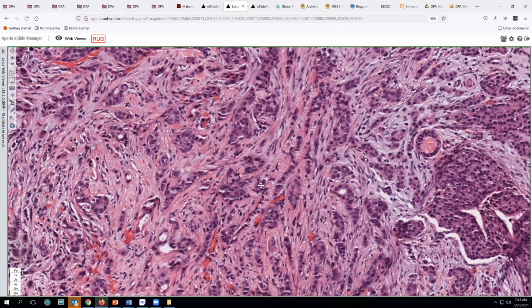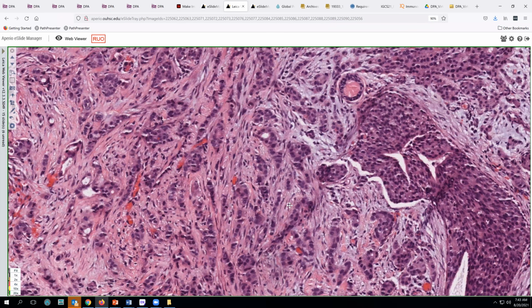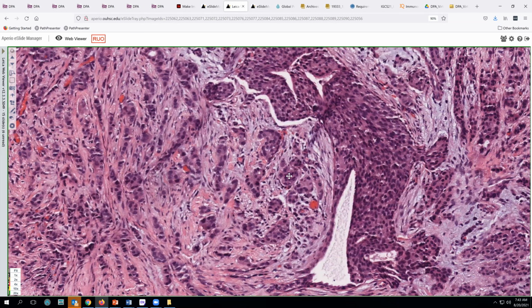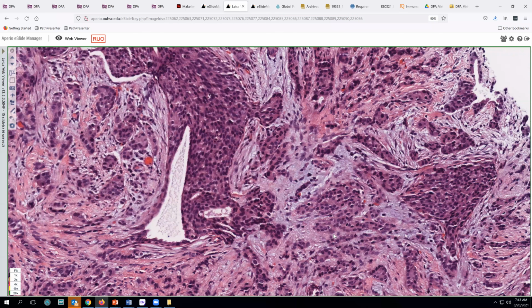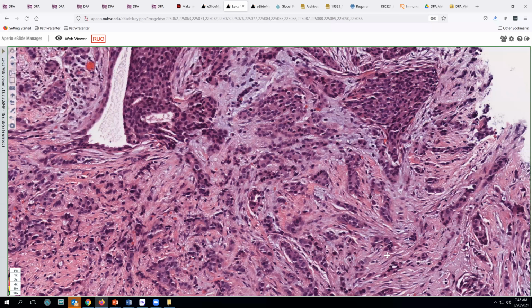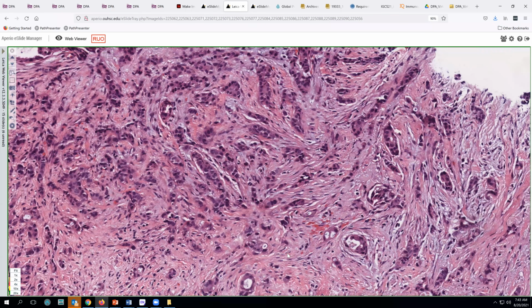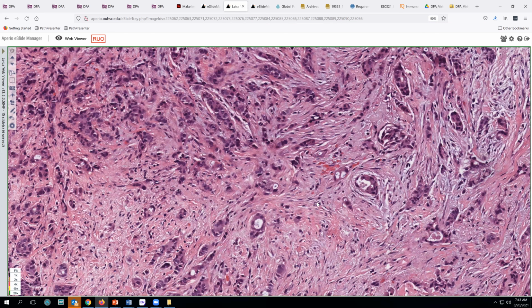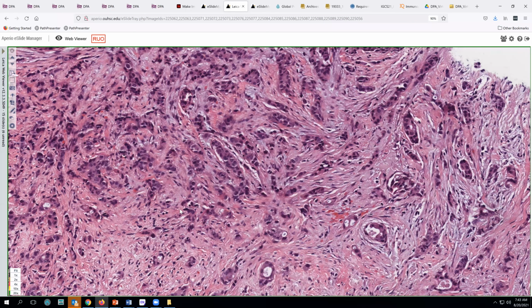So on the architectural score, I think this would fit as a score 2 architectural grade, and that's a fairly common grade, but it has some glandular differentiation. It's not all solid. It's not all single celled in this situation. Some of the glands are fairly well formed, but that's only about half or less of those cells.